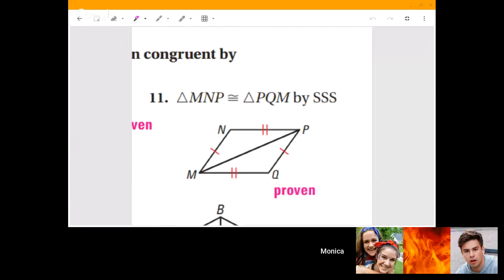Okay, Ethan, can you see that picture there from number 11? Okay, so what number 8 asks us is to use the diagram from number 11 and then describe the transformation that you could use to move triangle MNP onto PQM.